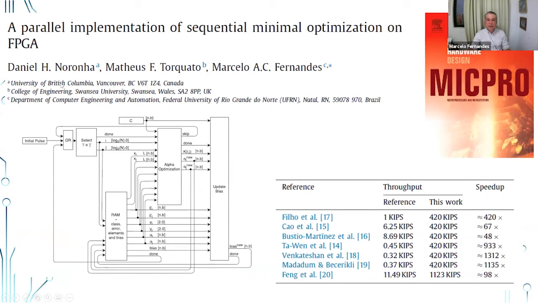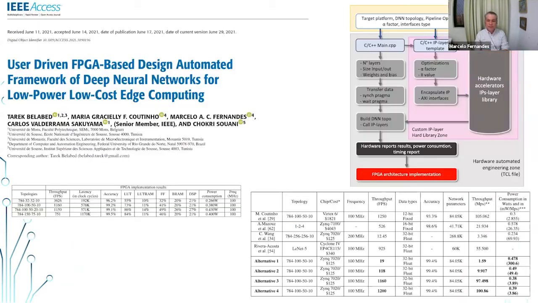The other implementation here is the SMO algorithm, which you can use in an SVM neural network. Here is another strategy that we have been working on, where we transform a Python implementation into an FPGA implementation.